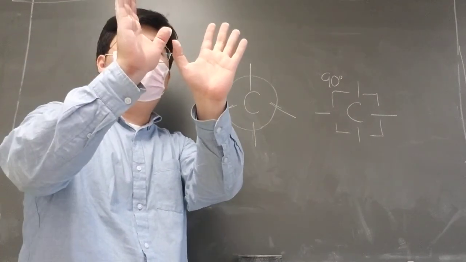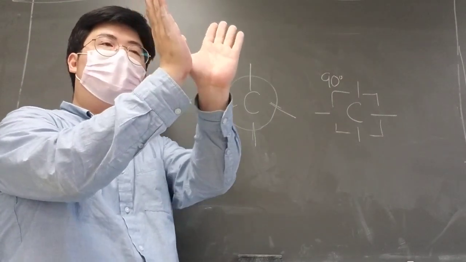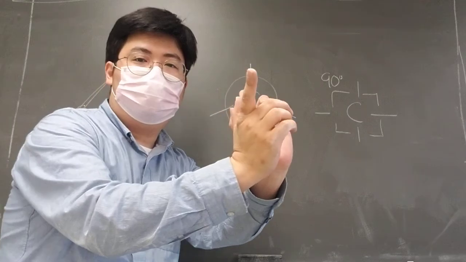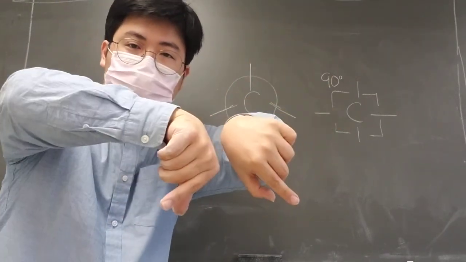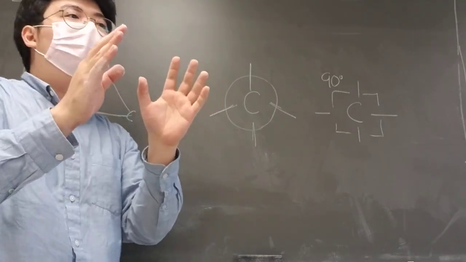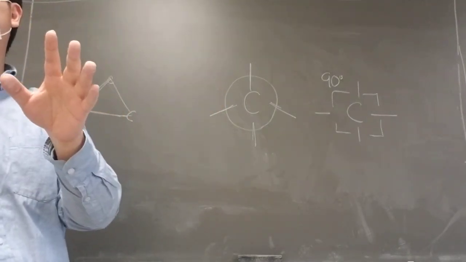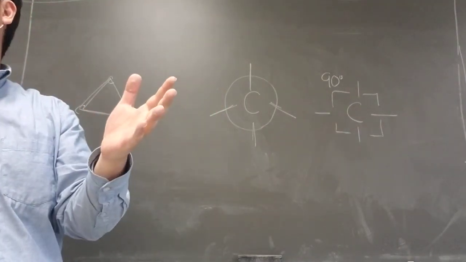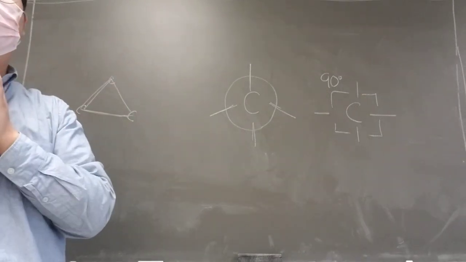So what they do is they try to put the other 2 bondings like in this way, and the other 2 go in this way, a bit more spread than 90 degrees. So they can locate those bondings in 3D more efficiently. Does it make sense? Okay.